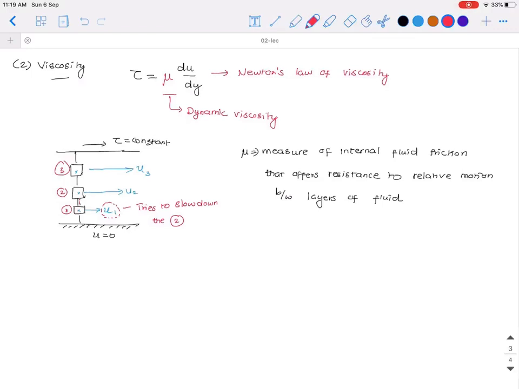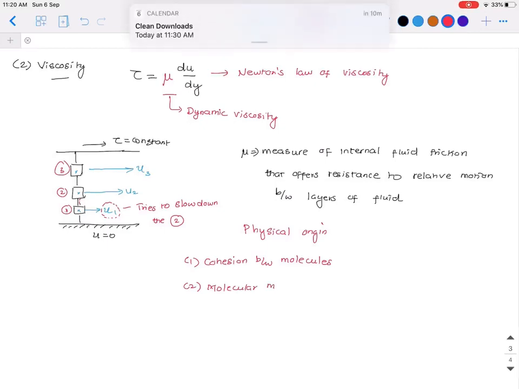Yeah, so the physical origin of viscosity is the cohesion between molecules and the molecular momentum transfer due to random collisions.